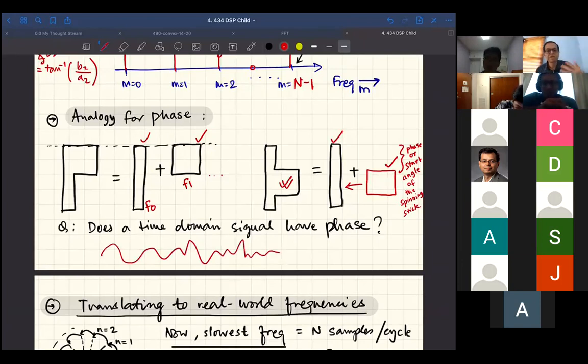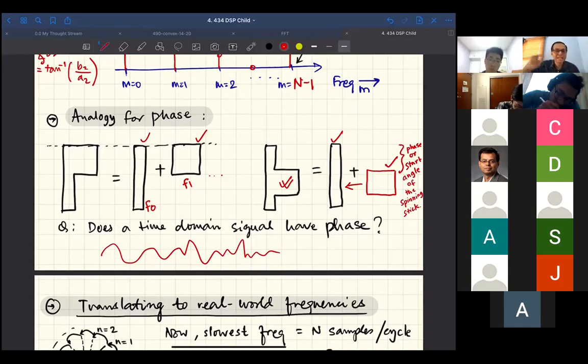This notion of phase only becomes relevant once you come to the frequency domain. In the frequency domain, you have sticks spinning at different frequencies and adding up as basis vectors. And you can start the stick from a different angle, starting angle. That's the phase of the frequency.